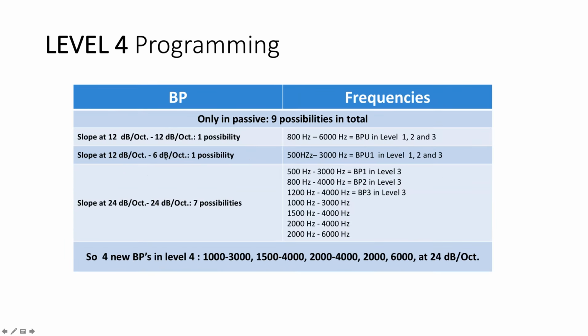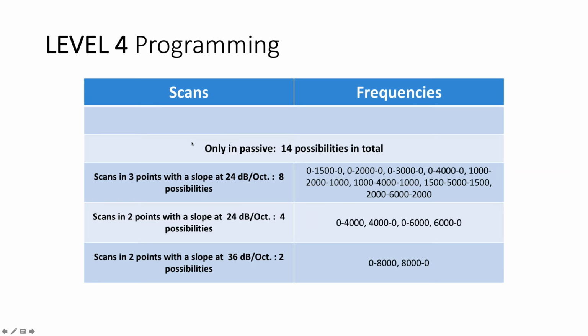And then in the band pass, you see that we have 4 new band pass, one that goes from 1000 to 3000. So we are concentrating in the linguistic area with the band pass. And then we use some that are new, which are not used in level 1, level 2 or level 3, which are the scans.